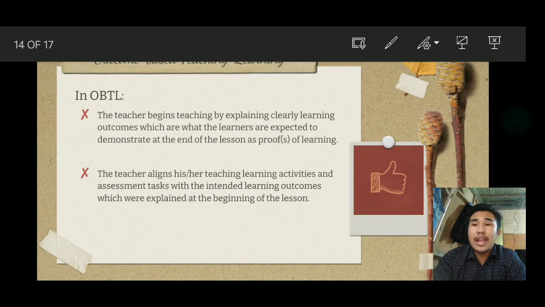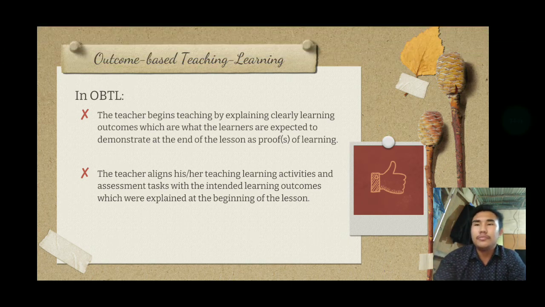So the teacher aligns, in OBTL, his or her teaching learning activities and assessment tasks with the intended learning outcomes which were explained at the beginning of the lesson. With this, the teacher aligns activities and assessment with the outcomes that are explained, or the objectives. No? So it is very understandable. Next.